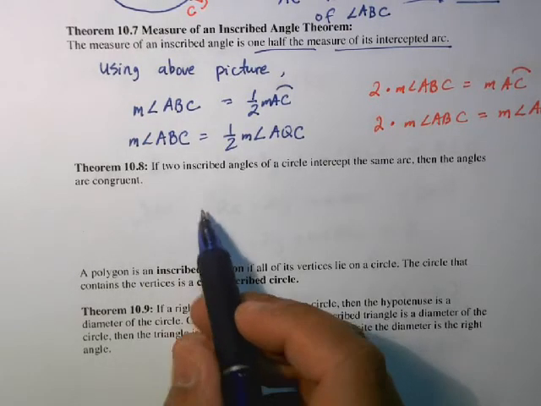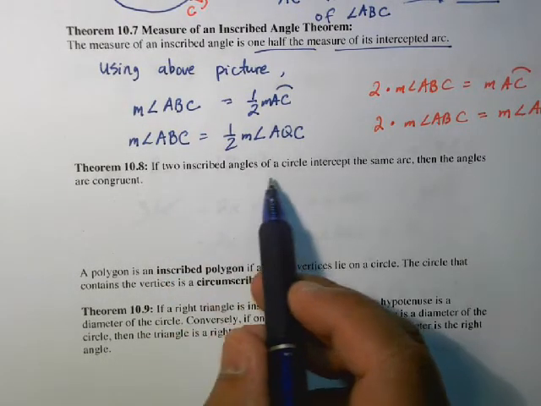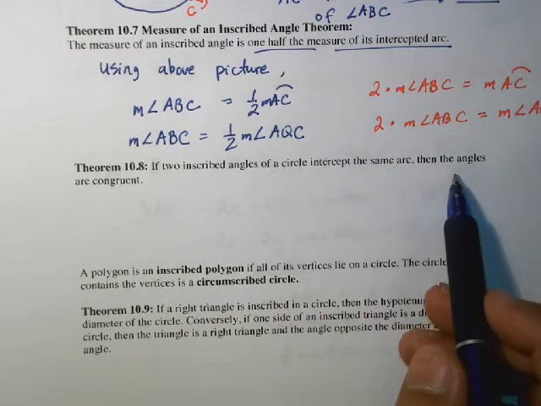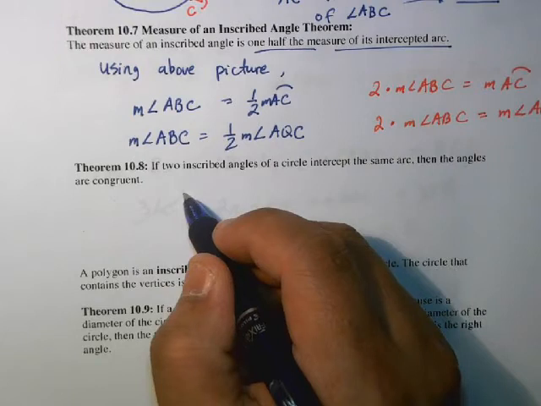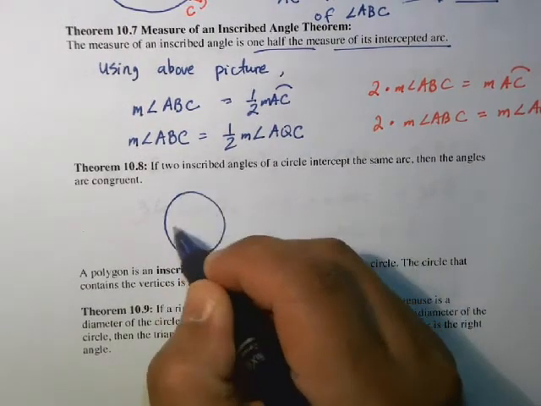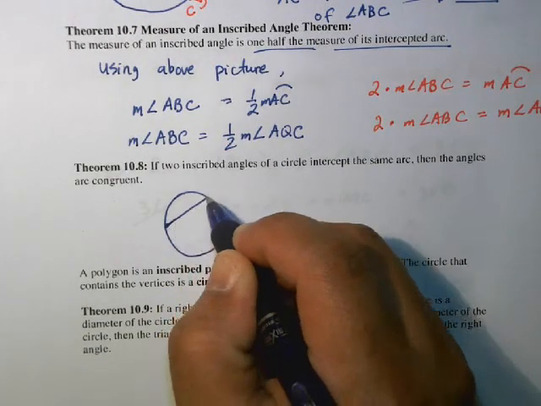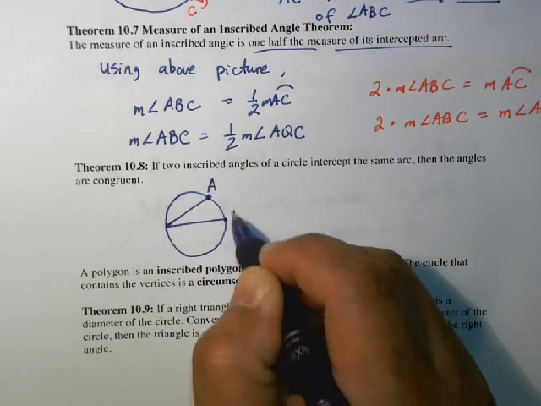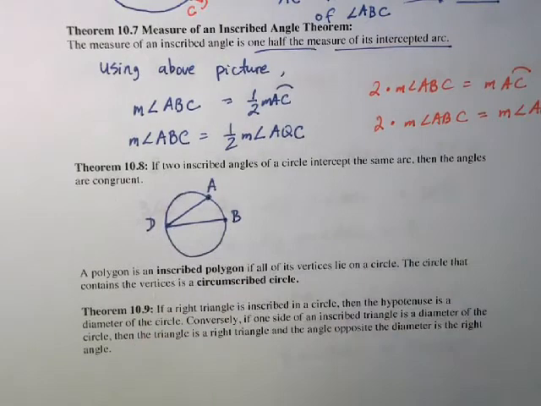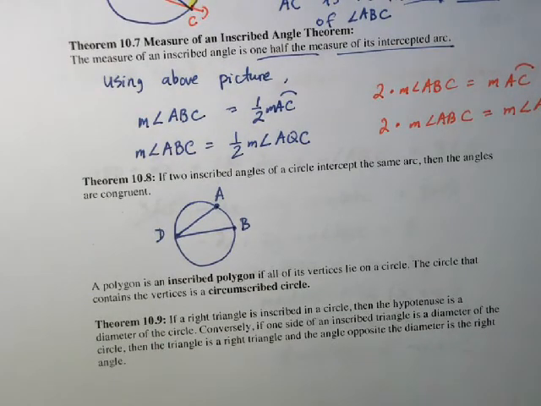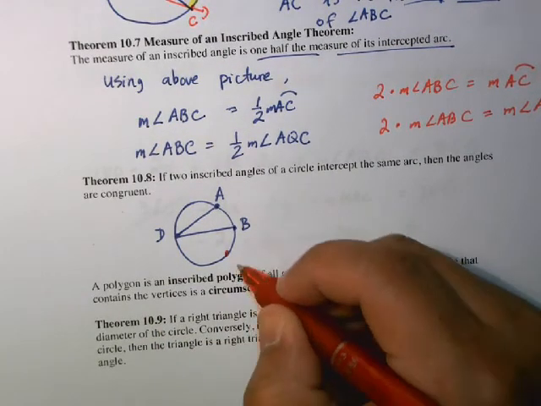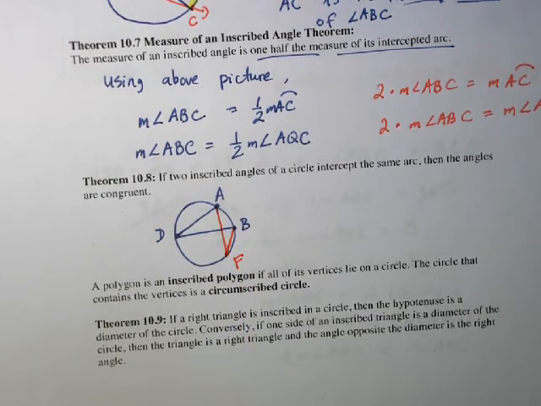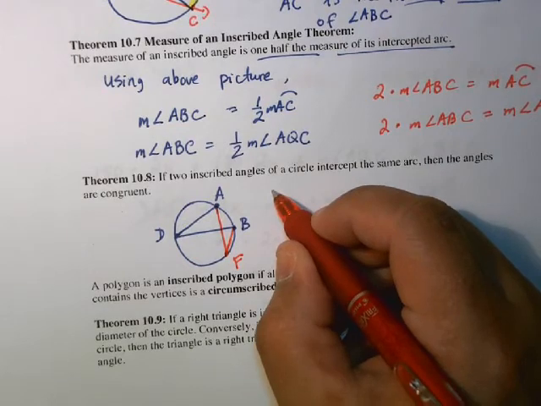And now we return to one more theorem here in this video that says if two inscribed angles of a circle intercept the same arc, then the angles are congruent. So let me show you what this theorem says. So let's say I have an angle here that intercepts arc AB. Okay, let's call this angle D. Right. And I have another angle over here, let's call it F, that also intercepts arc AB.